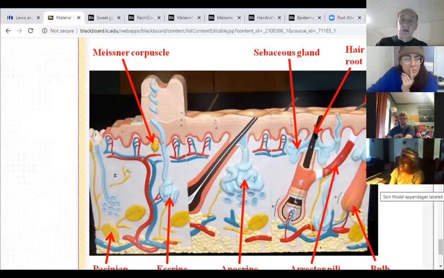Right next to the hair root, we see these gray structures. These bag-looking structures are the sebaceous glands. They have a secretion called oil or sebum, and that secretion is poured right onto the hair root.